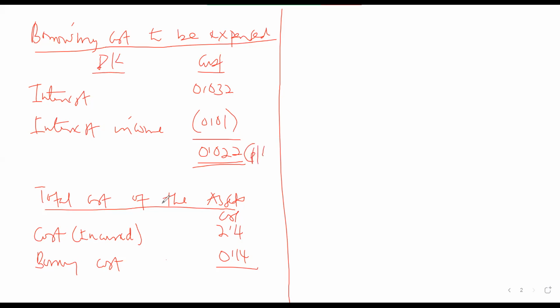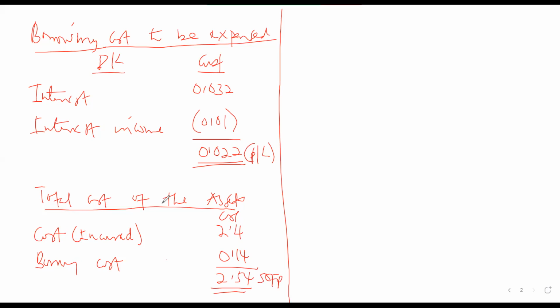If you come to the total cost of the asset, this is the one that will go to the statement of financial position. So let's add that one and see. 2.4 plus 0.14, so that will be 2.54. Okay, 2.54. So this is what will go to the statement of financial position.